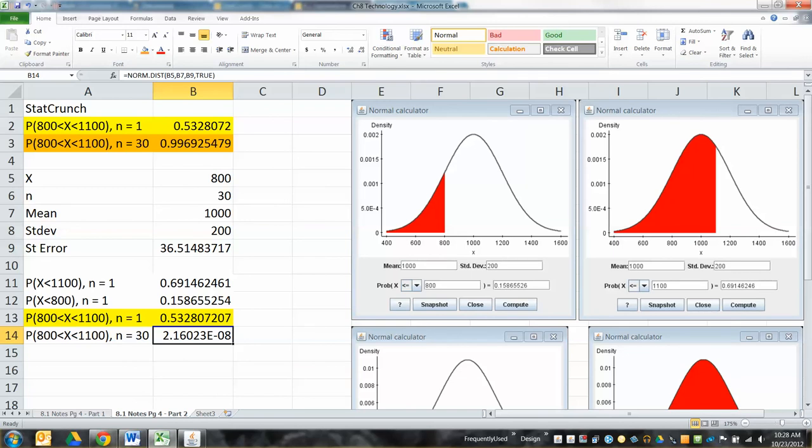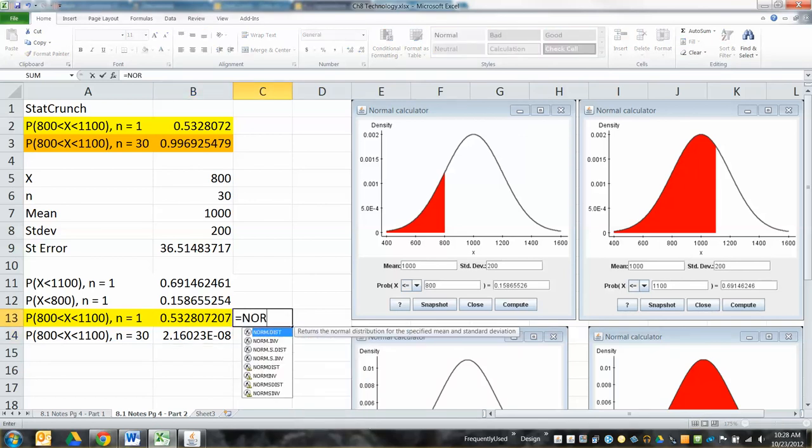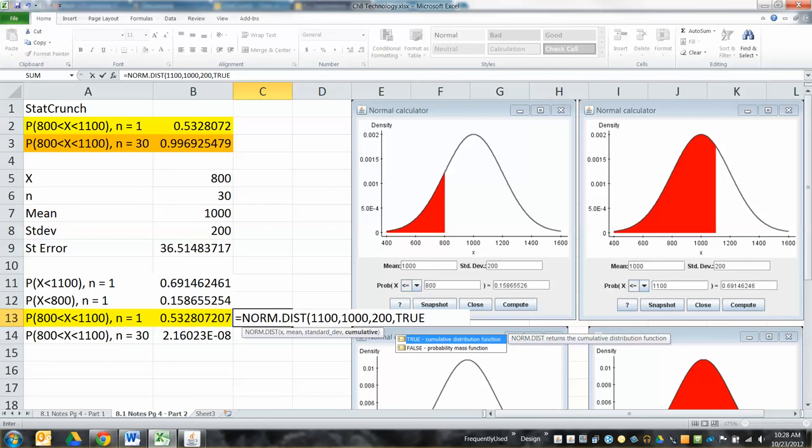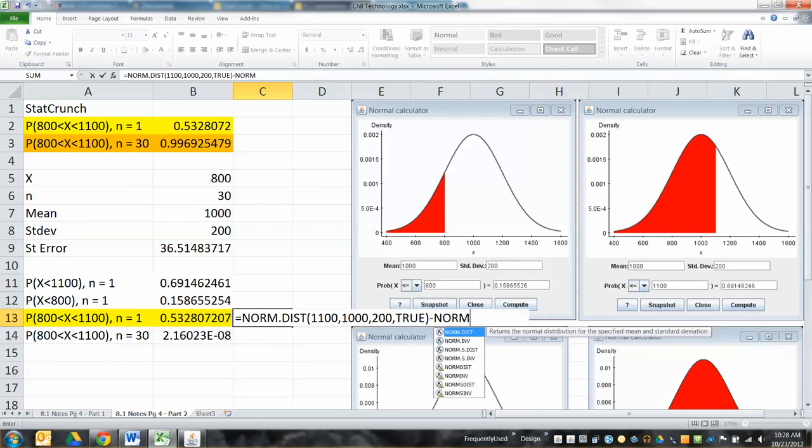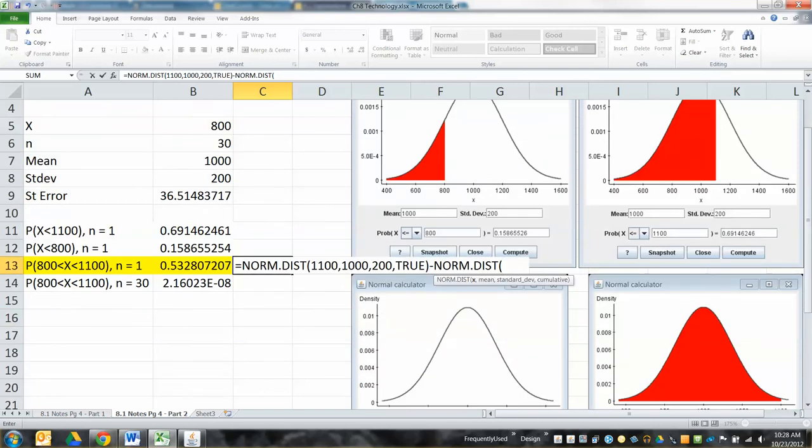You can say, okay, find each one separately and then subtract, or you could just do it all at once. I could say, okay, equals norm.dist for 1100, comma 1000, comma 200, comma true, close parentheses, minus norm.dist, and then it would be 800, comma 1000, comma 200, comma true.